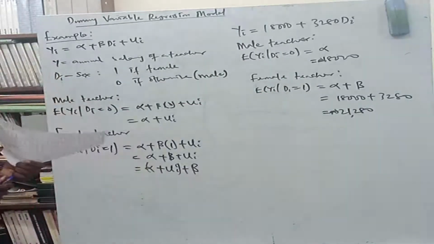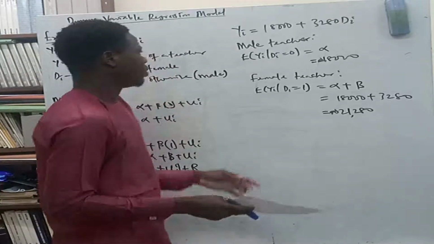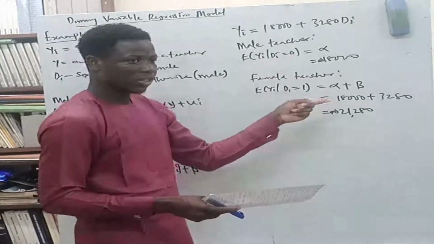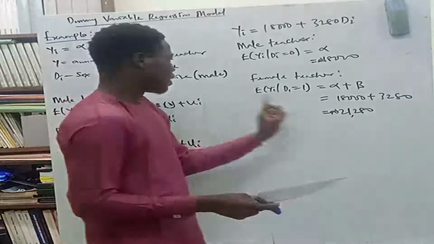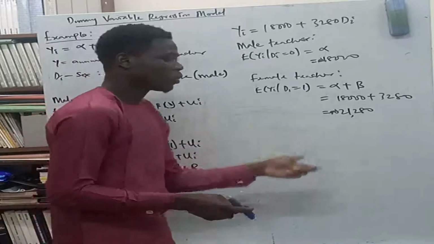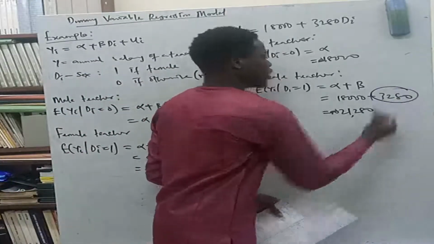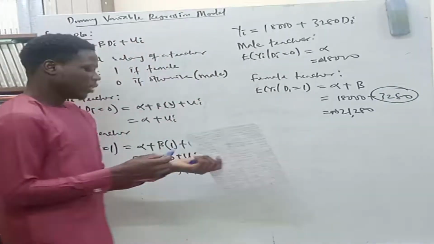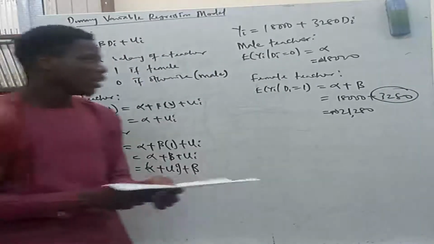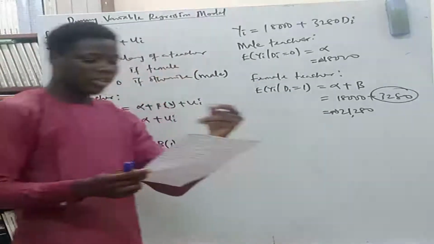So the average salary of a male teacher is 18,000, then the average salary of a female teacher is 21,280. The differential effect is 3,280. The salary of a female teacher is greater than that of a male teacher by 3,280.